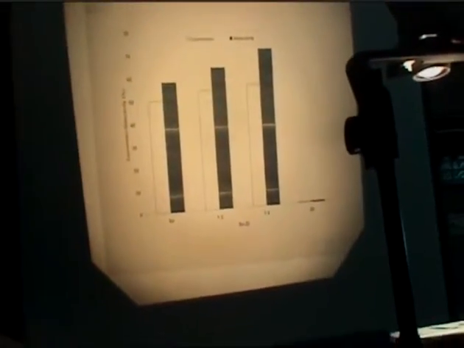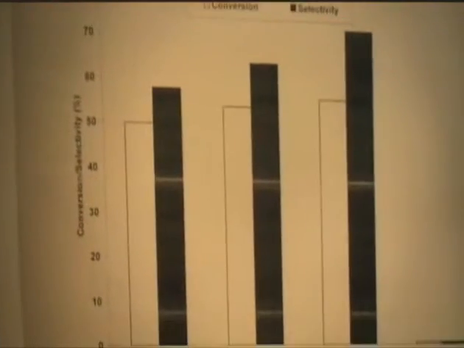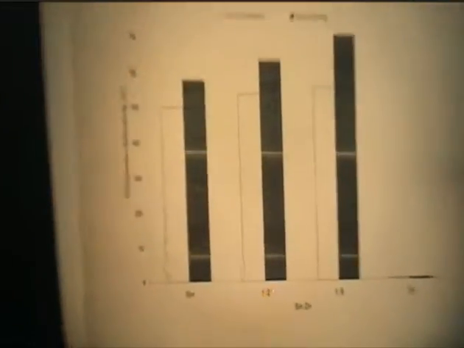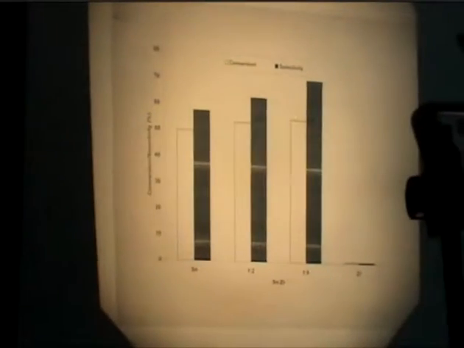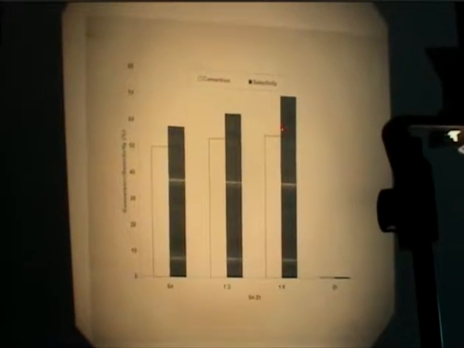Now here is something interesting that he did. This is pure tin. These are mixed derivatives with zirconium. And this is the ratio: 1 tin, 2 zirconiums. About the same conversion, about the same, higher percent selectivity. 1 to 5, about the same conversion, a little bit higher.